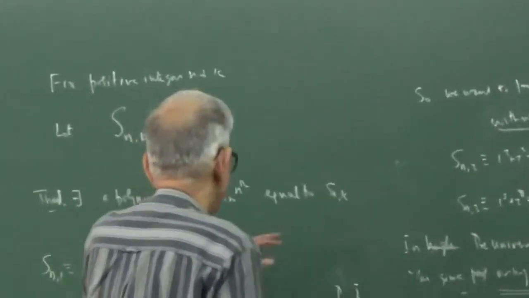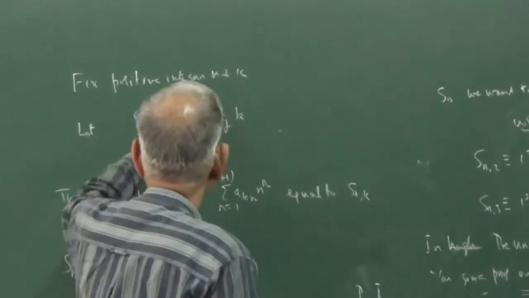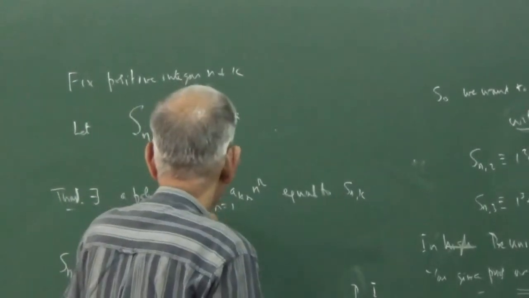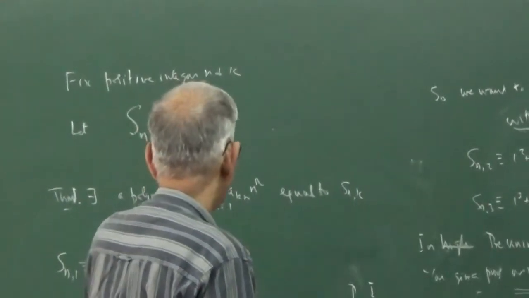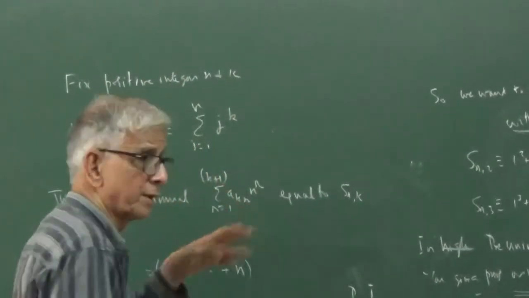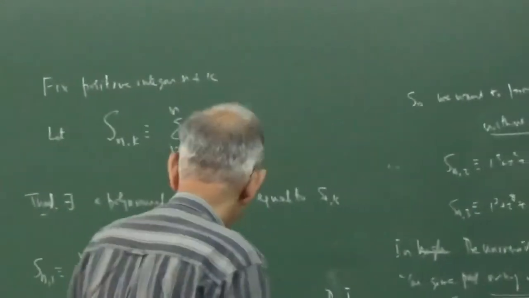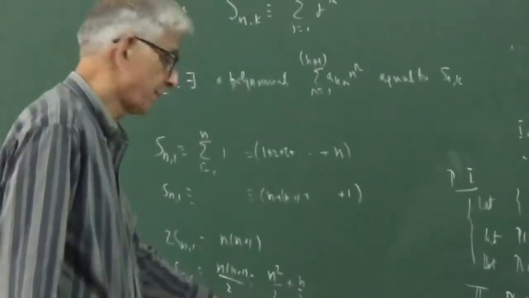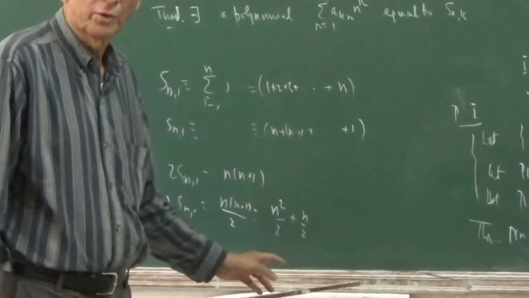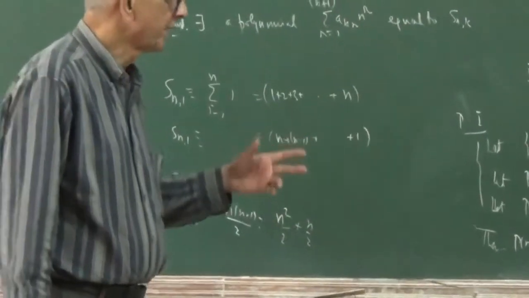So what we are claiming is that this S_n^k, for any two positive integers n and k, is necessarily a polynomial of degree k plus 1 in n. For example, we know that S_n^1 is n squared by 2 plus n by 2, a polynomial of order 2.